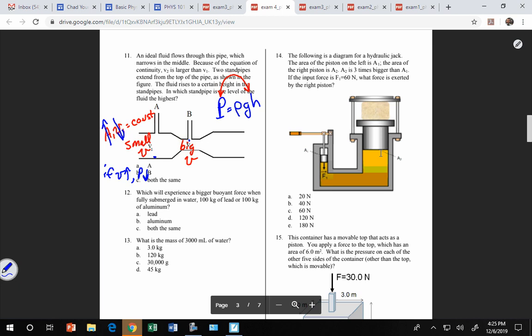So I have a big velocity here, I have a small pressure, and here I have a big pressure. So my standpipe is going to be full up to the top here, but it's going to be small right here. So the level of the fluid is highest at A in that standpipe. It's a good way to measure pressures for pipes. They do that actually. So I have a big pressure here, small velocity, big pressure, big velocity, small pressure.